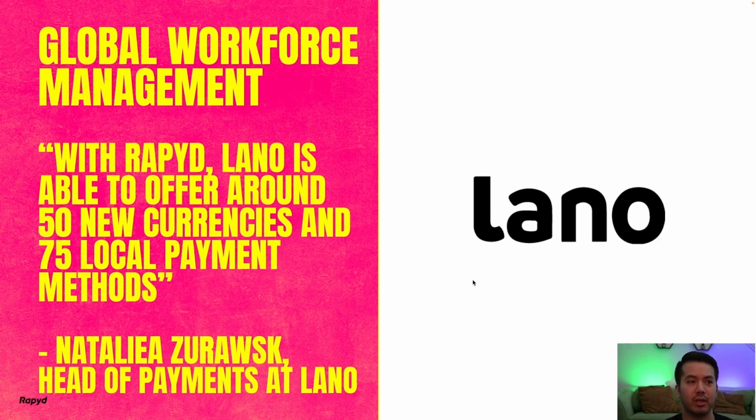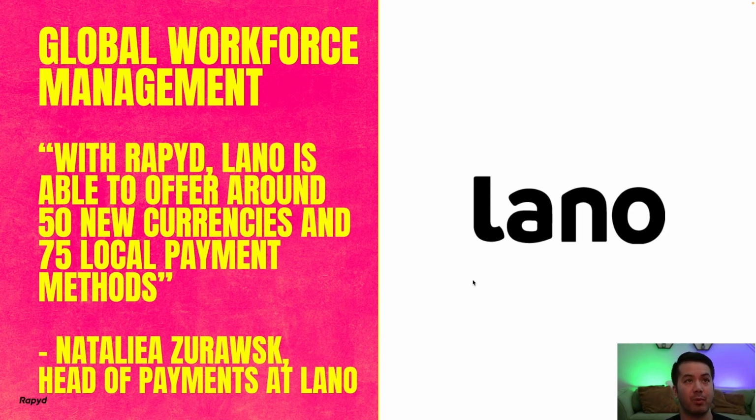I just wanted to grab a real company that is doing this, and they're Lano. They are a global workforce management service or platform. Basically they help with HR, any type of services around that that would use their software. And a quote by, I may be ruining the name, Natalia Zarusk.